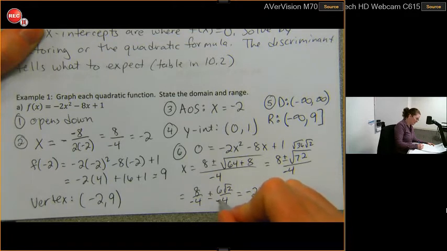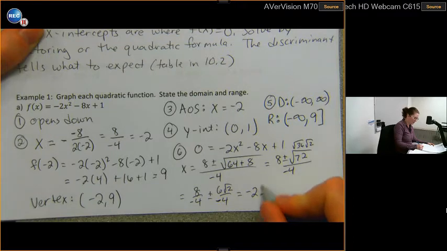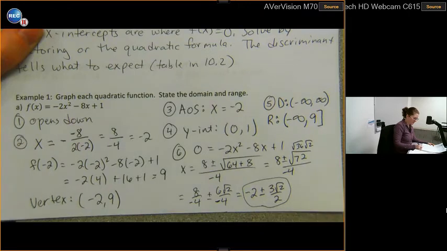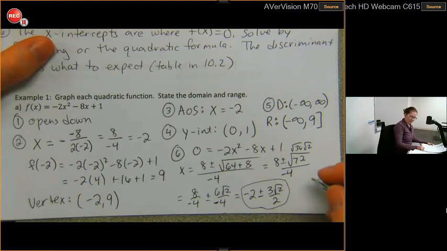Even though there's a negative here, because I have both signs anyway, I can ignore that. So I have 3 square root of 2 over 2. These are my zeros, or my x-intercepts. For graphing purposes, I would want to change those into decimal. I'll do that here in just a moment.